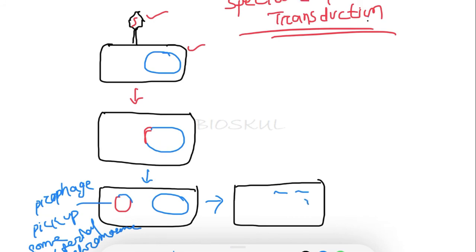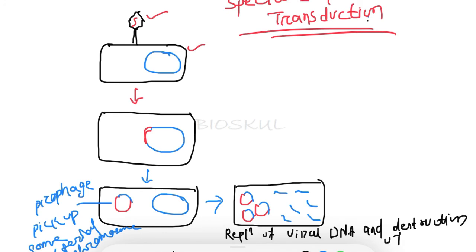The bacterial DNA is disintegrated, and the viral DNA will replicate, and the viral DNA also contains a portion of the bacterial chromosome. It will be replicated. So replication of viral DNA and destruction of bacterial DNA.